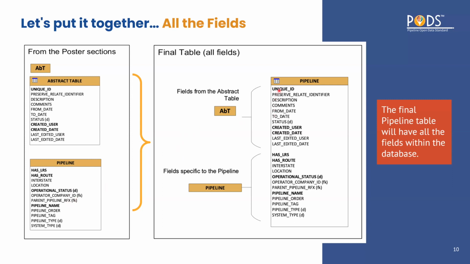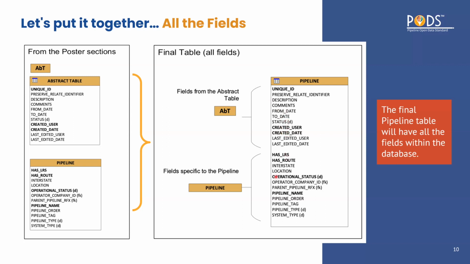And then when I put them all together, I'm just going to have a nice table that's going to include my table abstract fields. So these fields are in every single place where I see this ABT, this orange box on the model. I know that that association means that that object is going to have all these fields. From unique ID to last edited date, all these fields are going to be in each one of those objects that are connected to that orange box.